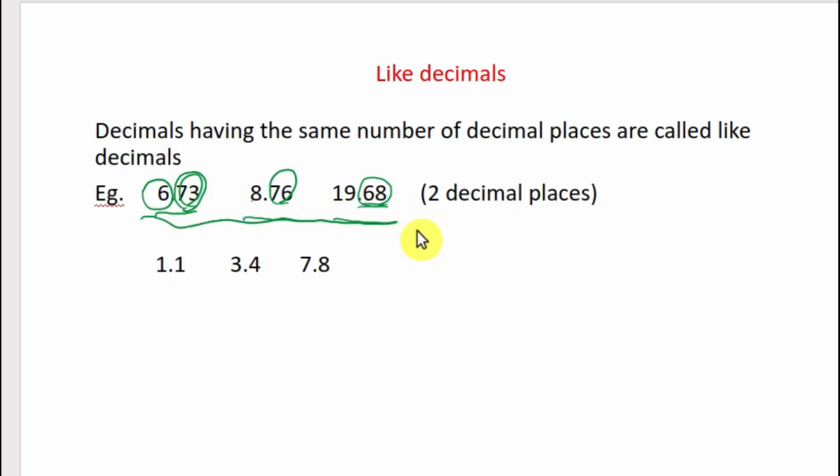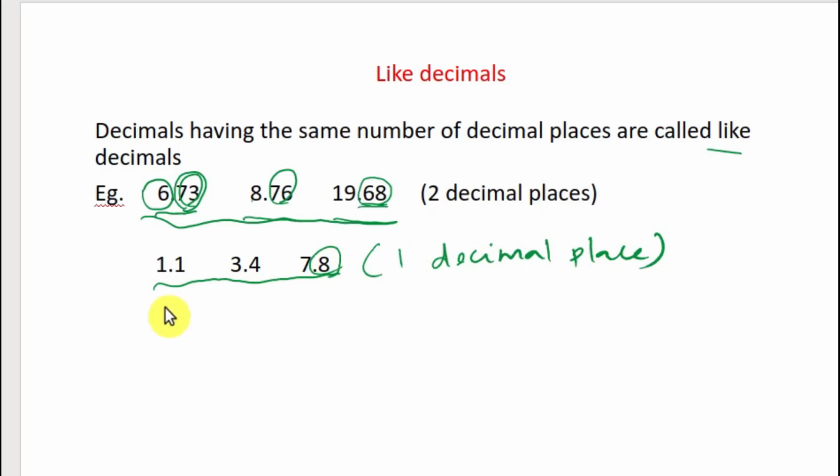These three decimals have two decimal places. They are called like decimals. The next example is 1.1, 3.4, 7.8. These three decimals have one decimal place. So these three decimals are like decimals.